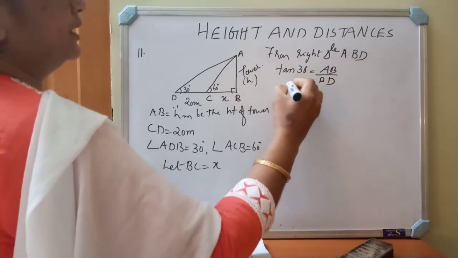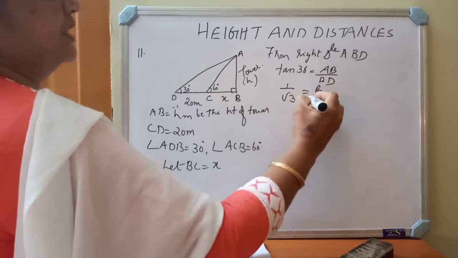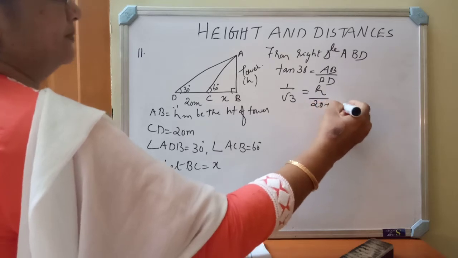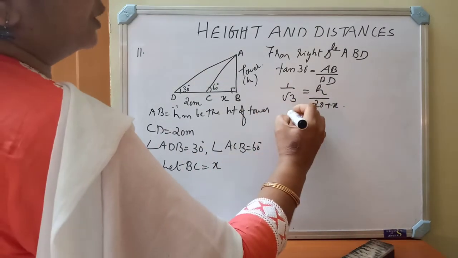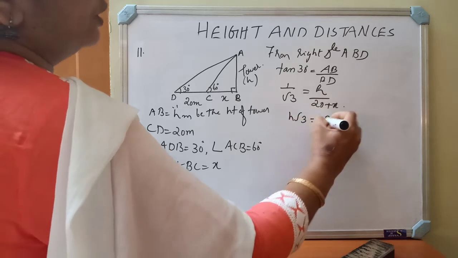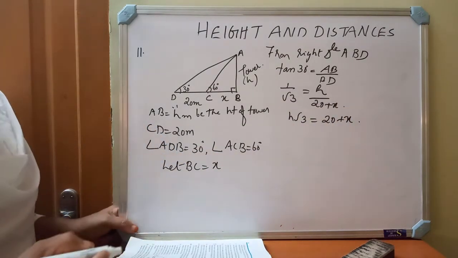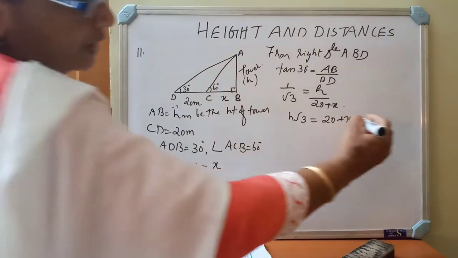So tan 30, 1 by root 3, is equal to AB, H, divided by BD, 20 plus X. Okay. So H root 3 is equal to 20 plus X. Equation number 1.